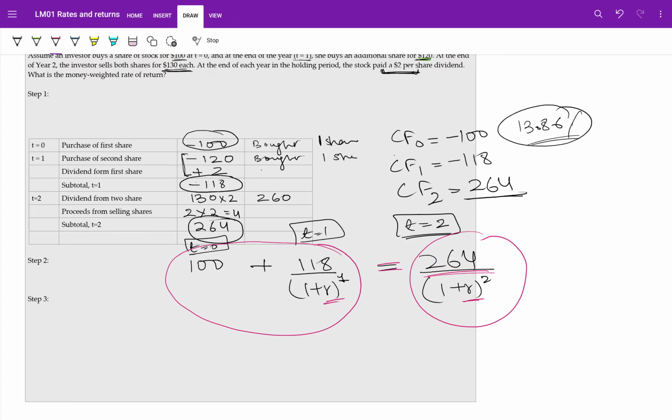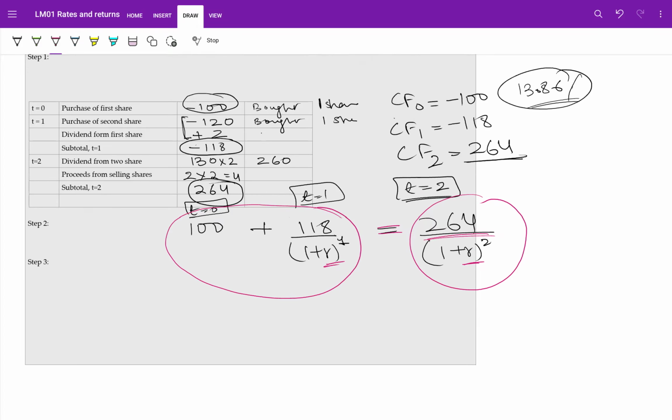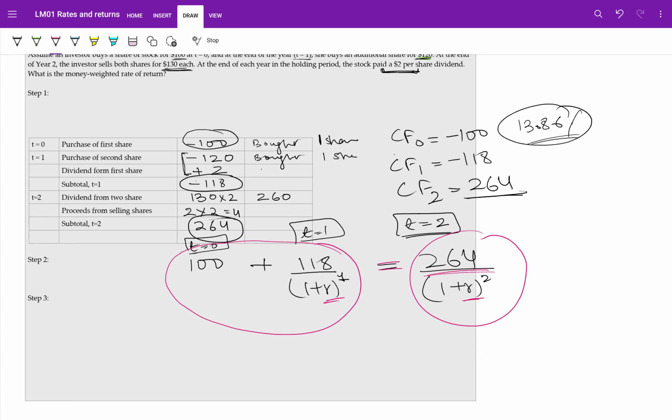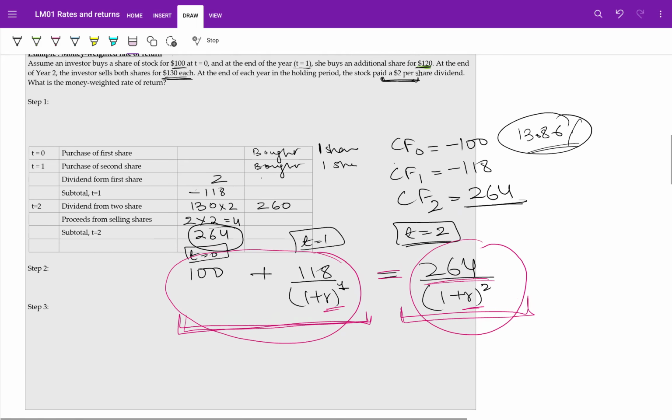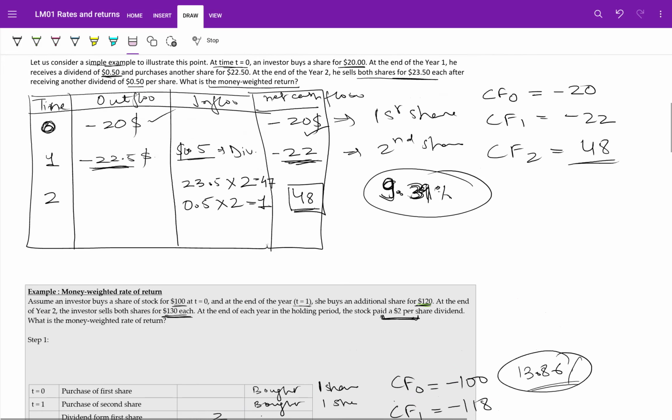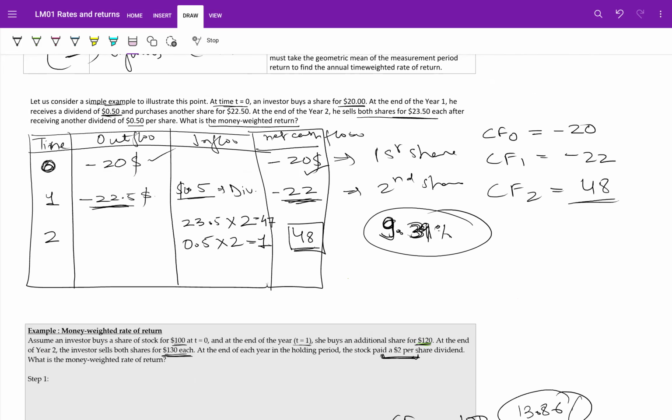So this is the money weighted rate of return. We have seen how we can do it manually, and also how we can do the same calculation in our calculator function. Okay, I hope this much is clear.